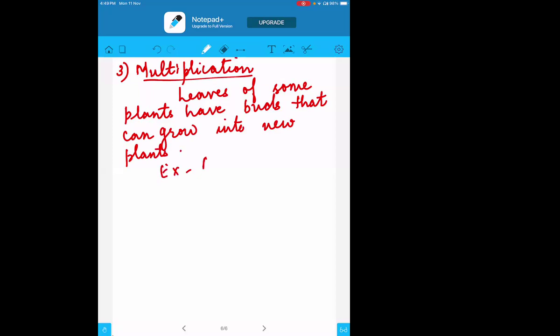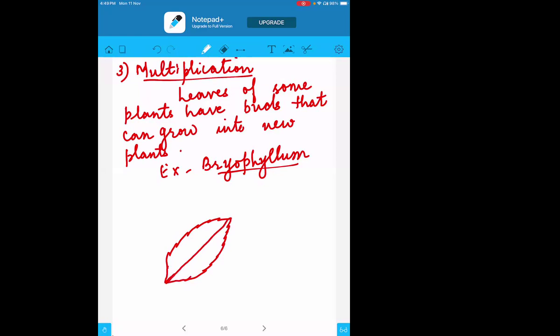I'll just make a leaf and show you what actually happens in them. Bryophyllum is the example. The leaf of the Bryophyllum will be like this. On the edges of this leaf, the margin of the leaf, small buds will be growing like this.